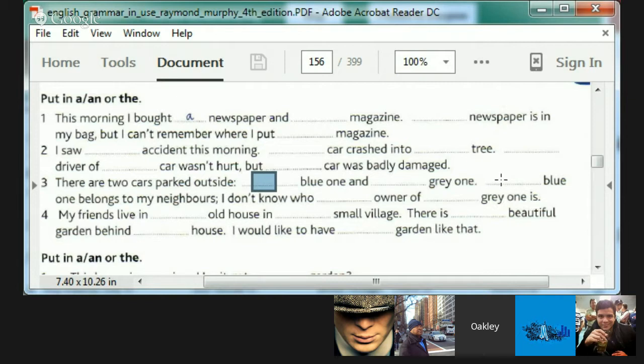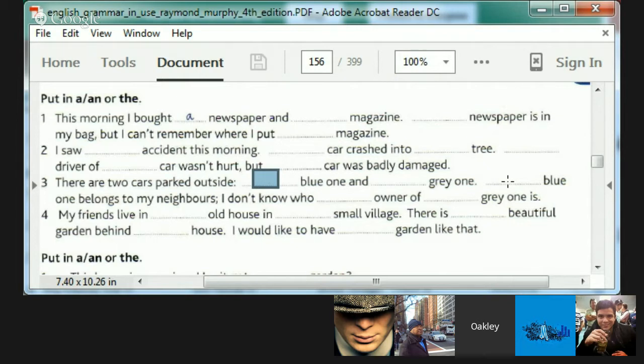The blue one belongs to my neighbors. I don't know who the owner of the gray one is. That's right. Even though we know these cars are parked outside, it is one of many blue cars. So a blue one and a gray one.